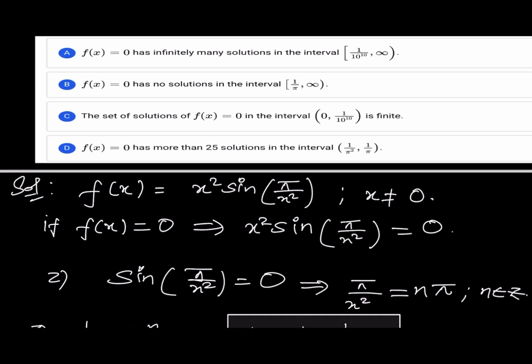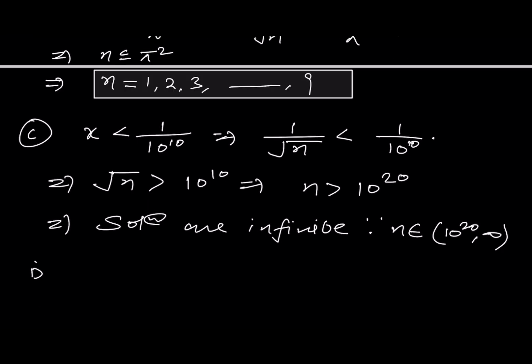Now let us check option D. Option D says f(x) equal to 0 has more than 25 solutions in this interval.